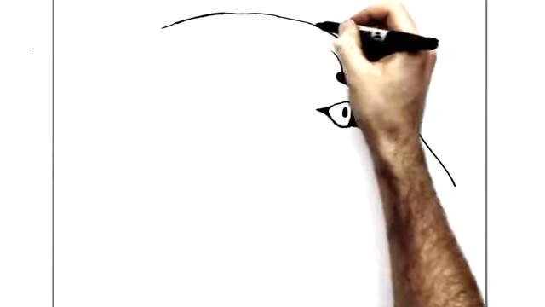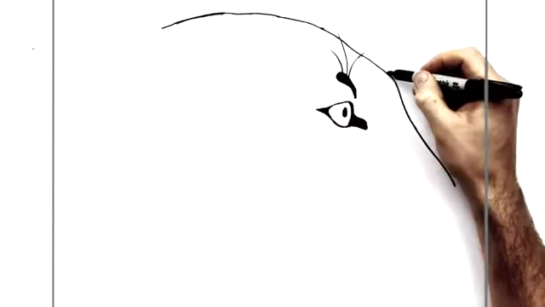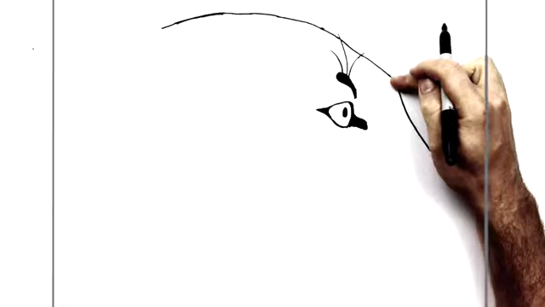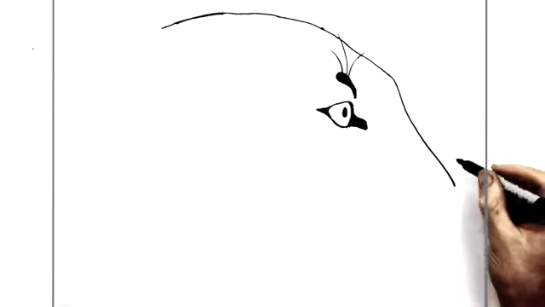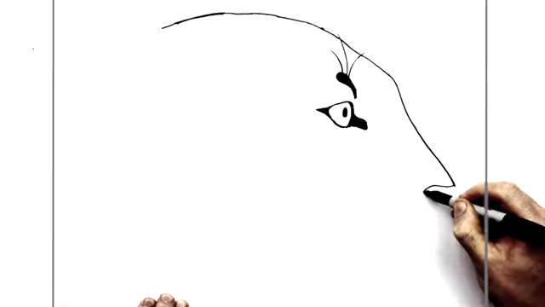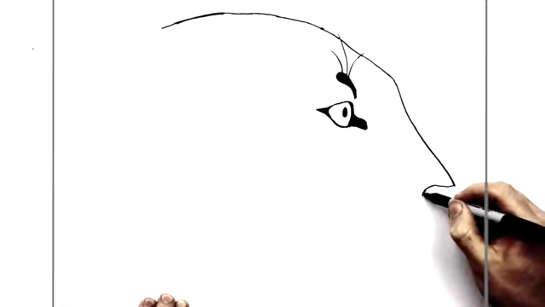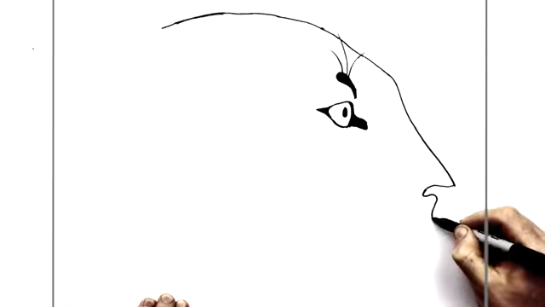So we have a curved line, meets the ear just here, and this curved line comes down to the bridge, the top of his nose, and then comes down towards the point of his nose. So we'll do the nose down here. So this curves around like so, comes in to where the nostril is, comes down towards the front of the snout.